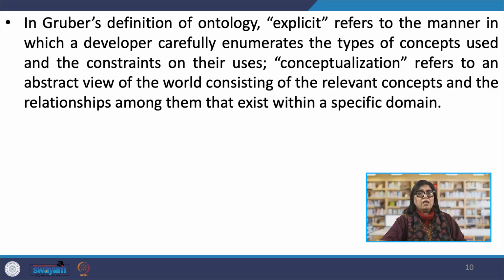Conceptualization refers to an abstract view of the world, consisting of the relevant concepts and the relationships among them that exist within a specific domain. Formal refers to specifications that are machine readable and have well-defined semantics, that is meaning, and shared refers to the conceptualization being agreed on and accepted by those working in a discipline.